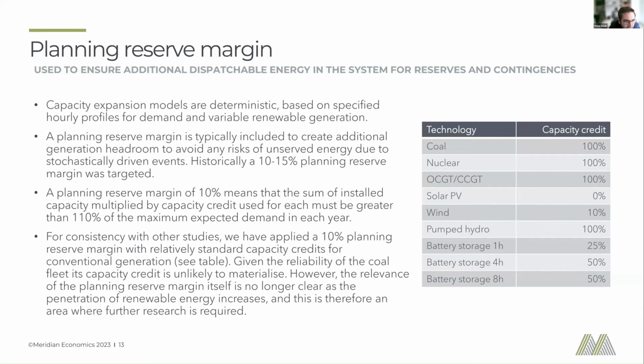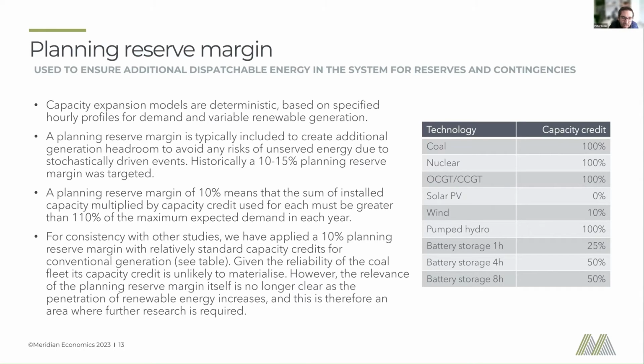Now, I think the applicability of this planning reserve margin approach is questionable. This is taking your maximum demand in a year and saying that your installed capacity times your capacity credits has to be X percentage above your maximum demand.